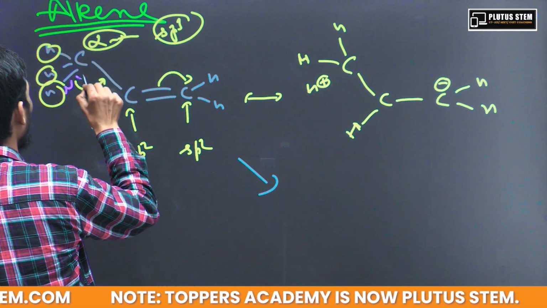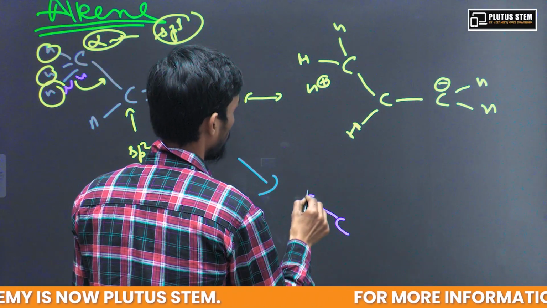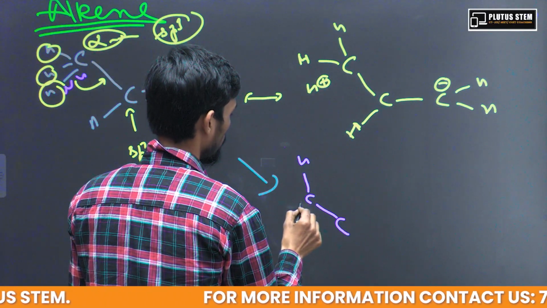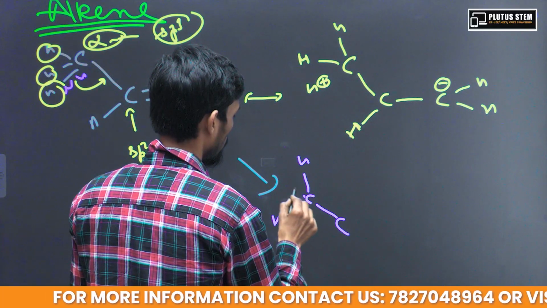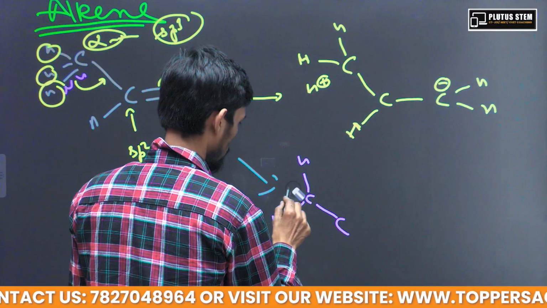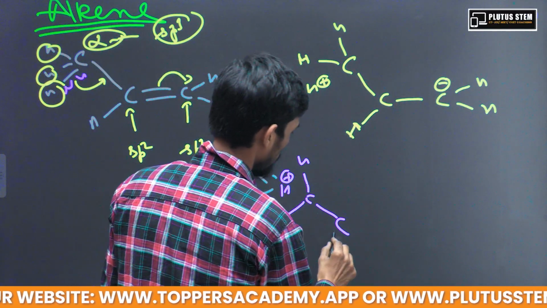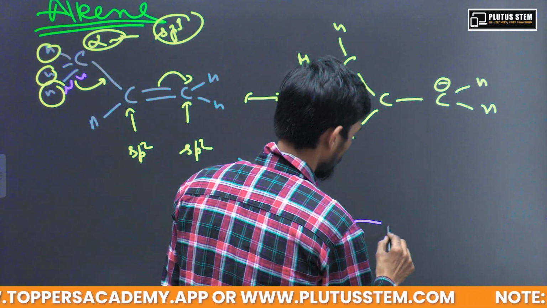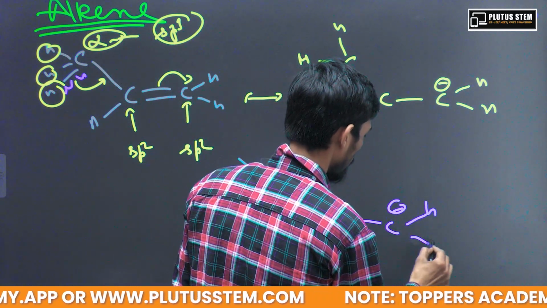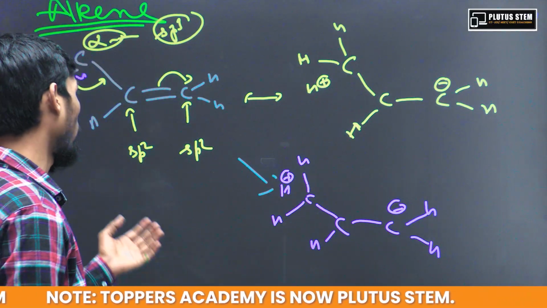So this can also break down lower one. So this is the way how this alkene shows this conjugation effect.